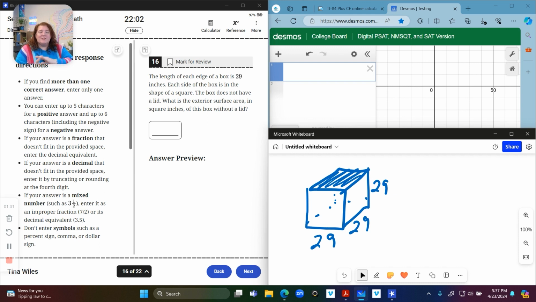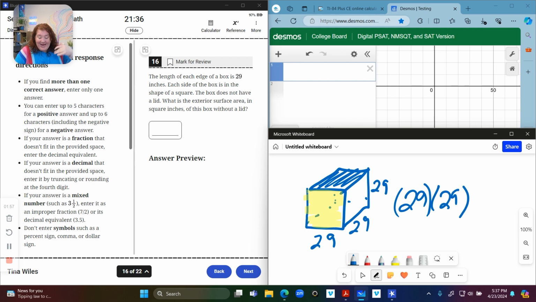So surface area is, if I was going to use wrapping paper to cover the box, how much wrapping paper would you need? Like, what is the area of each of the surfaces? So what I'm looking at is just trying to find the area of one of the squares. To find the area of the square, base times height would be 29 times 29.